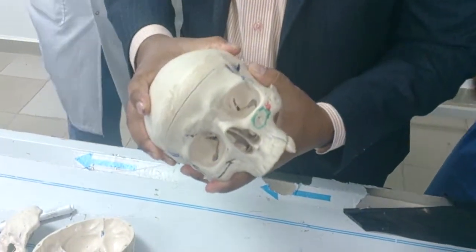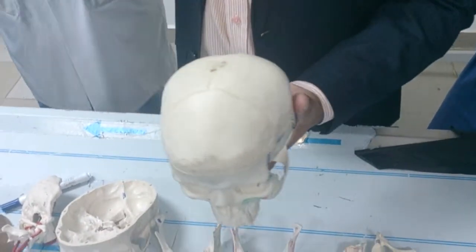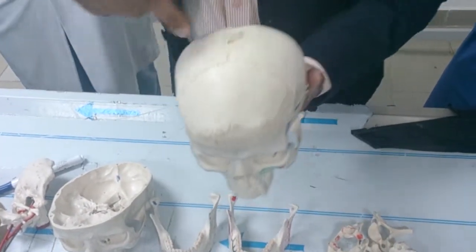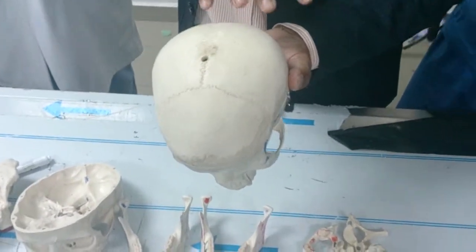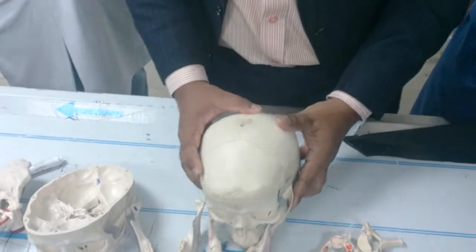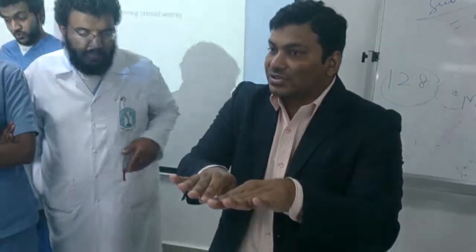Now this is an adult skull. In a newborn, this area is membranous, and this area is membranous. The skull bones develop from membrane. Initially the bone is membrane, and from that membrane the adult bones develop.